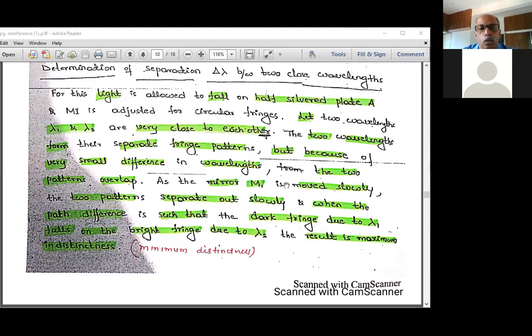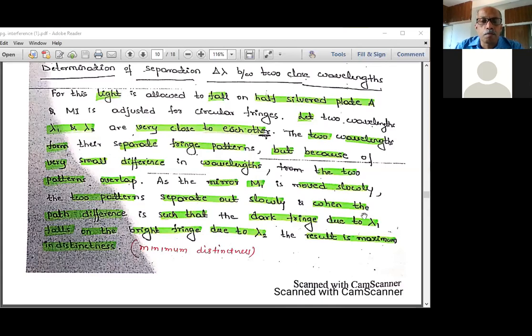We got two circular interference patterns, one overlapping on the other, right? So mirror M1 we used to move slowly. The two patterns begin to separate out slowly due to the movement of mirror M1.